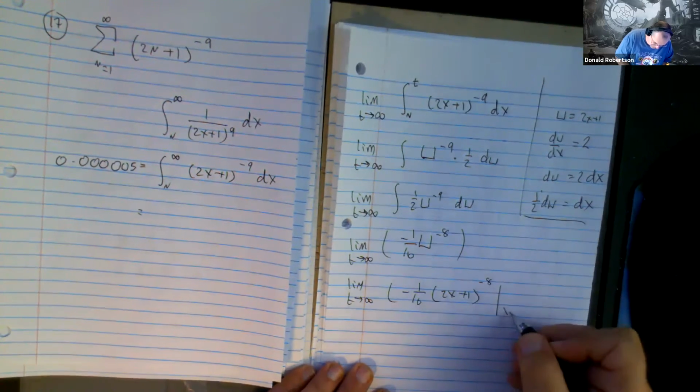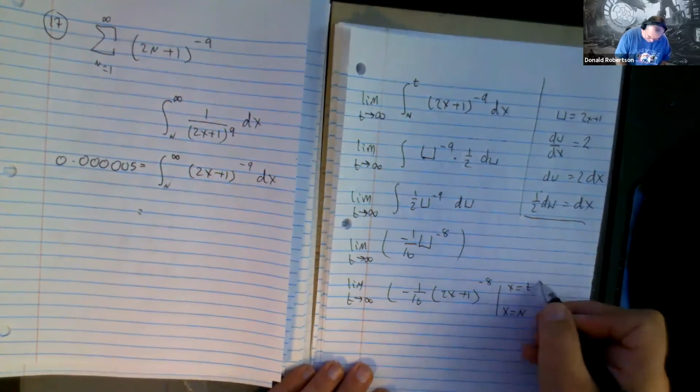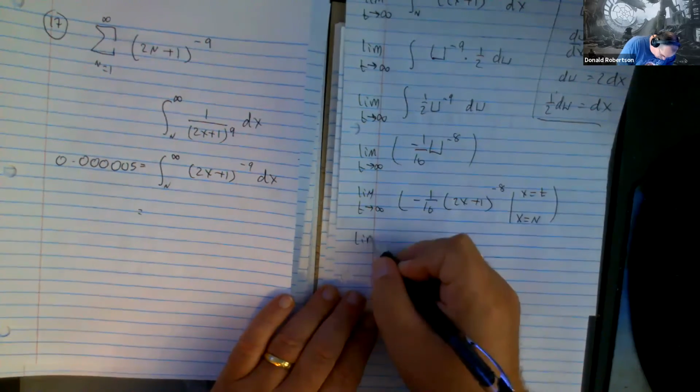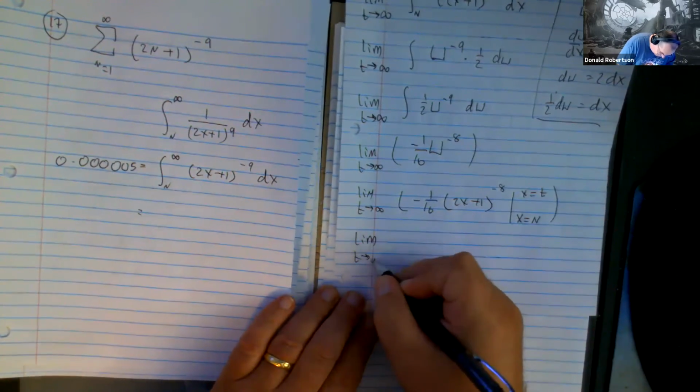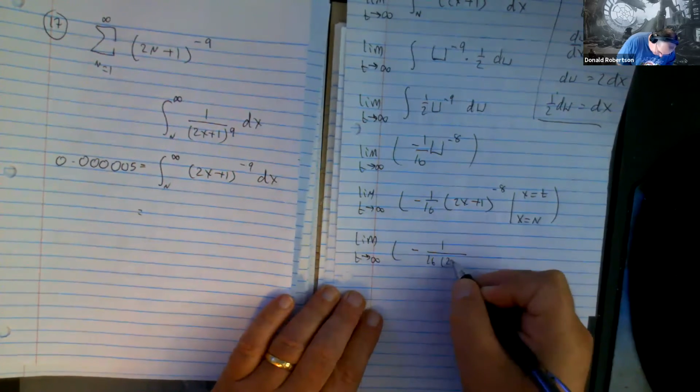Evaluate it at x equals n to x equals t. Rewrite it as this guy.